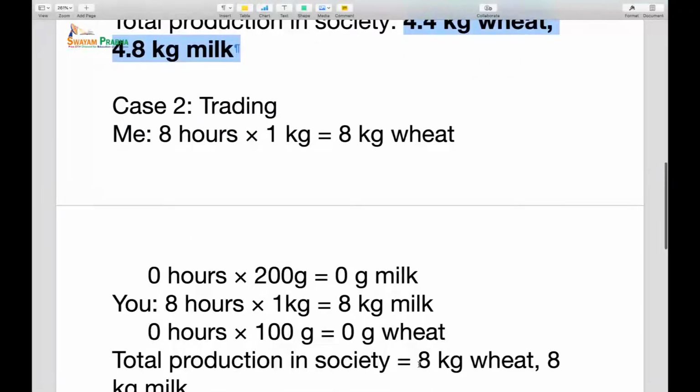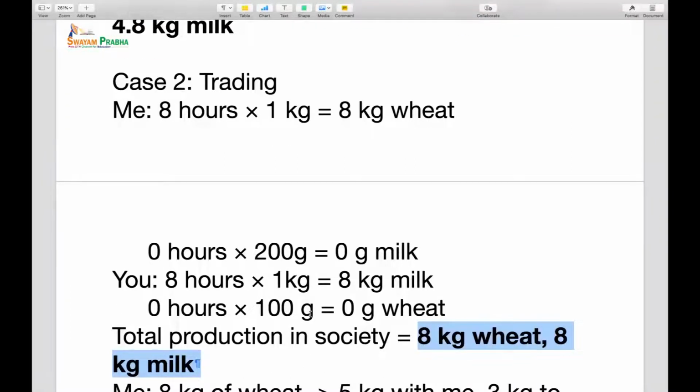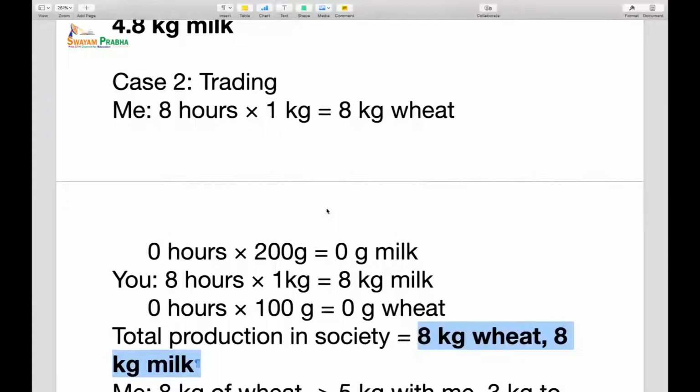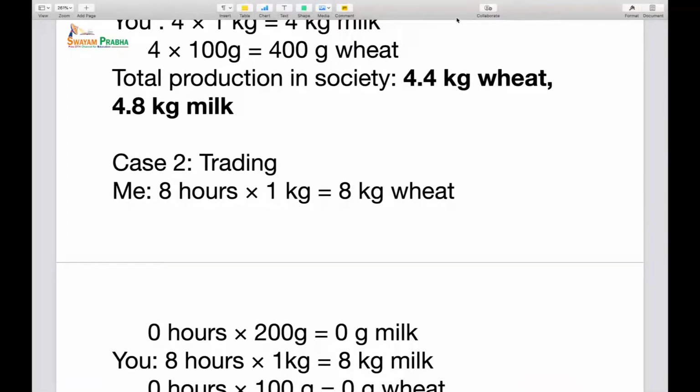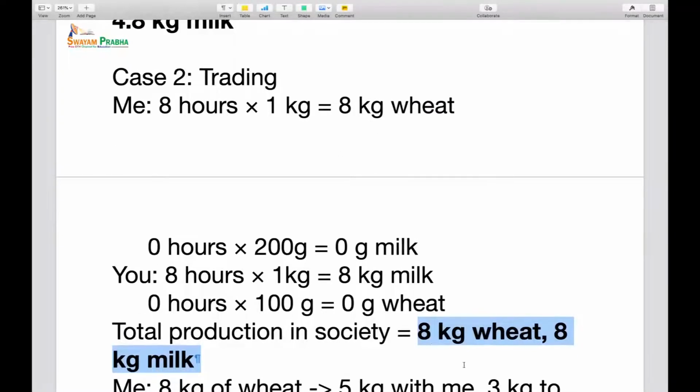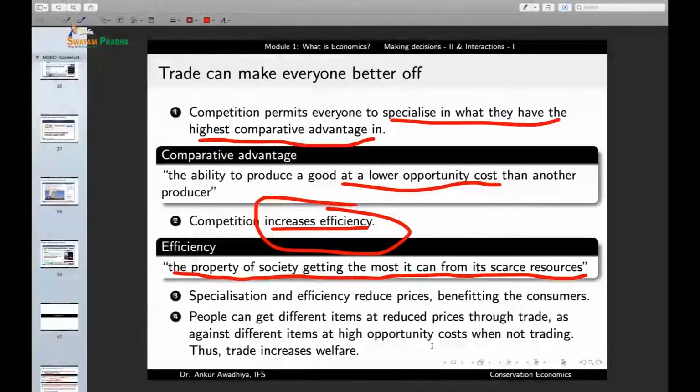Whereas now the society is able to get 8 kg of wheat and 8 kg of milk. So what is happening is that the efficiency of the society has gone up. In one day, earlier it was only getting 4.4 kg of wheat and 4.8 kg of milk. Whereas now it gets 8 kg of wheat and 8 kg of milk. So the efficiency has gone up for the society as a whole.